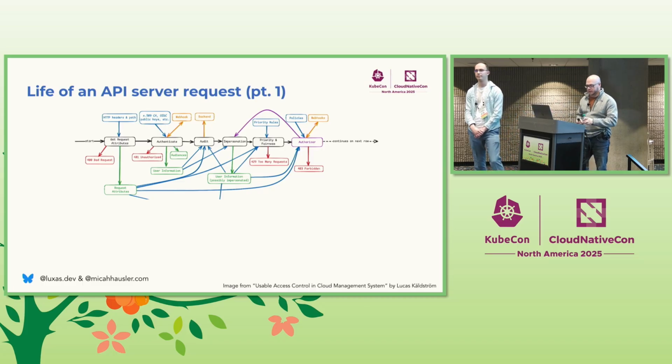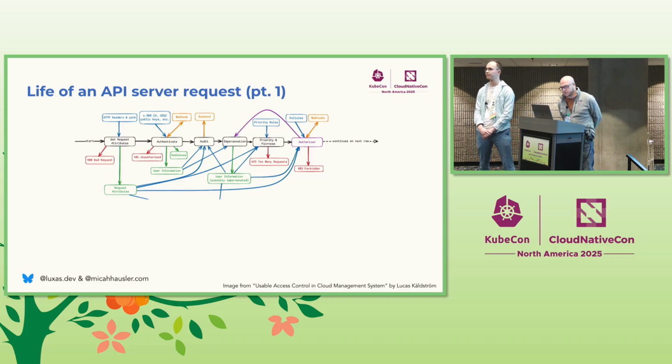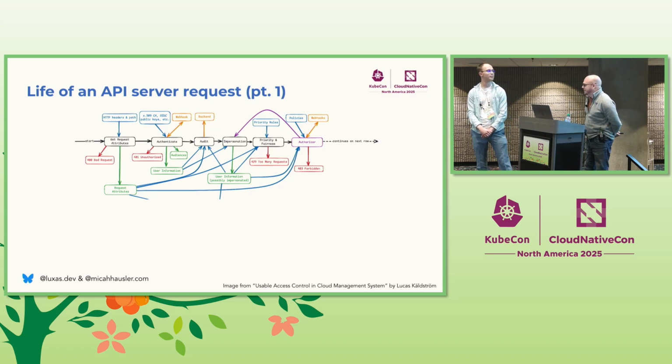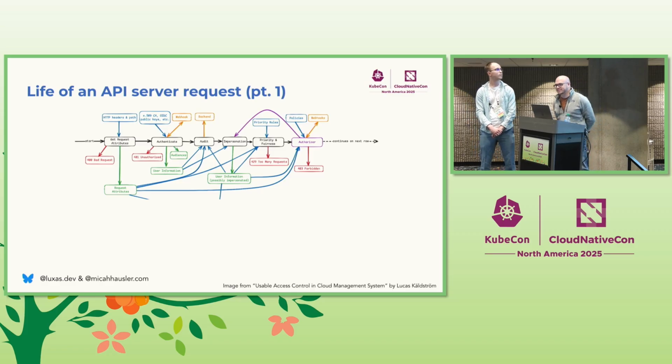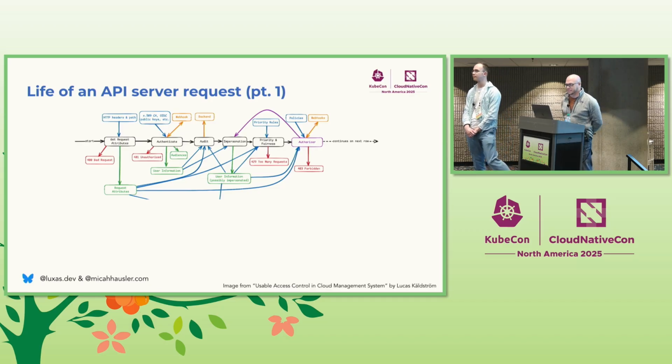So when you make a Kubernetes request, whether you're using kubectl or any other client of Kubernetes, there's a whole path that goes through the API server. This diagram here is not even everything. This is just some of the possible states of how an API request can be evaluated. In red here, you can see the bad cases where the client maybe made an error.